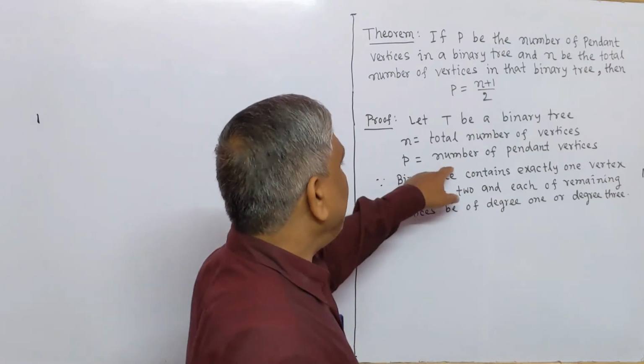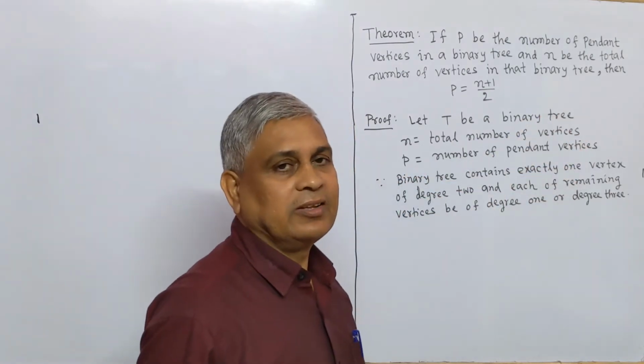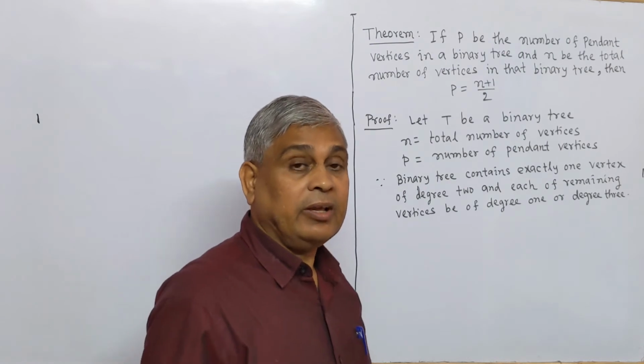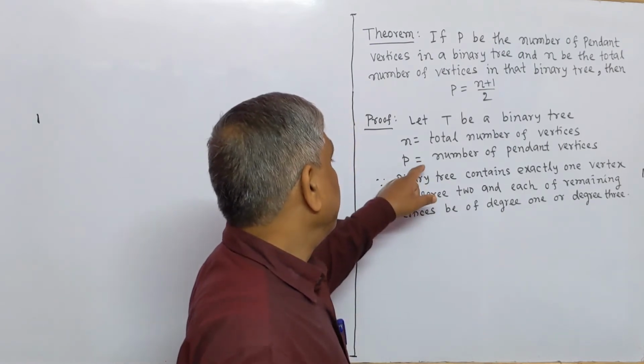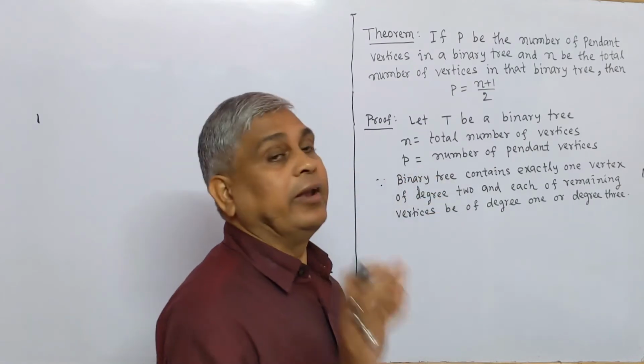Since P is the number of pendant vertices, that means pendant vertices are the vertices with degree 1.